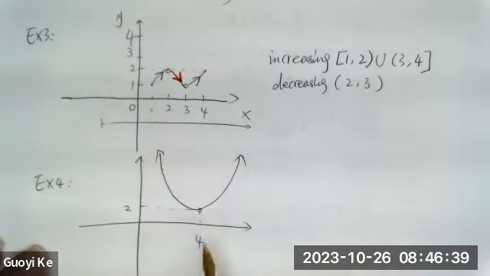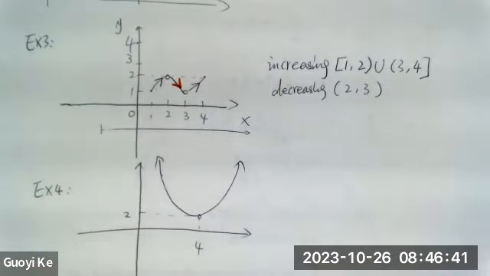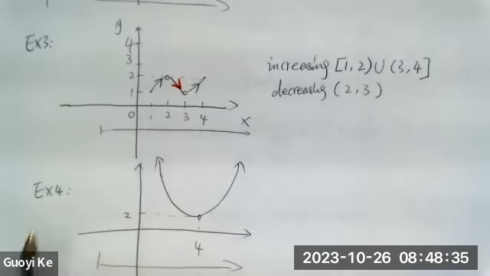Here's the open circle. Find increasing, decreasing, or constant. From left to right, you need to mark down the arrow: up arrow, down arrow, or horizontal arrow. Okay, let me write down the answer on the board.